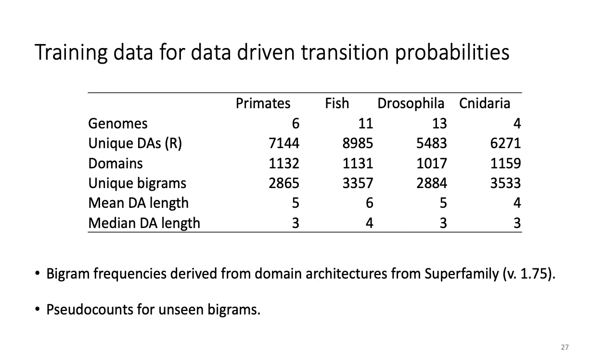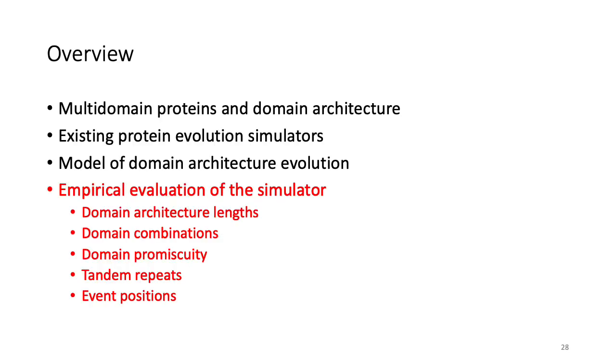To assess the impact of this effect, we experimented with training data from metazoan lineages: 2 vertebrate lineages, 1 invertebrate bilaterian lineage, and 1 early branching lineage that diverged prior to the base of the bilateria. The properties that we compare include domain architecture lengths, domain combinations, domain promiscuity, tandem repeats, and event positions.